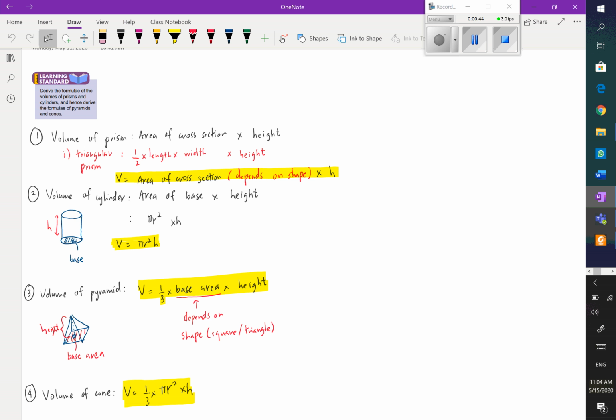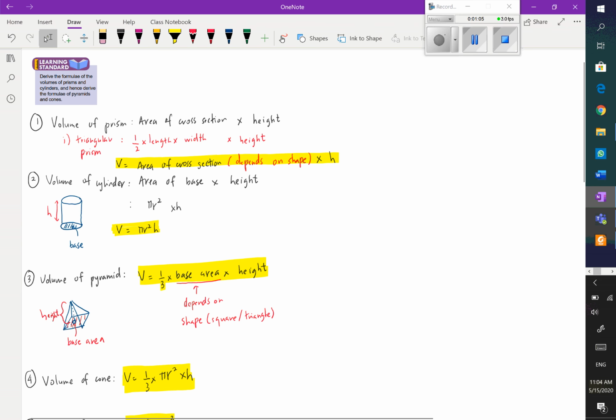So the formula to find the volume of prism adalah area of your cross section multiply by height. So cross section ni depends on the shape of your prism, sama ada dia ni adalah hexagonal ke, dia adalah triangular prism ke. Okay. So let's say kalau dia adalah triangular prism, so the area of the cross section adalah yang ini, 1/2 multiplied by length multiplied by width.